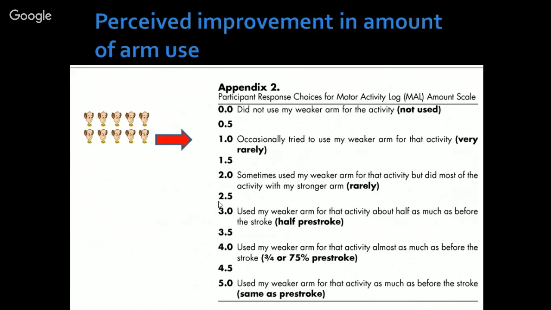So in this outcome, if 10 patients come, at the end of CIMT, you might see that 3 people might improve to using it rarely, 3 more people would improve to half that of pre-stroke, and other 3 will improve as good as 75% that of pre-stroke. These are the perceived improvements. Understand there is a difference between perceived improvement and actual improvement. So whatever I communicated in the motor activity log is about the perceived improvement.